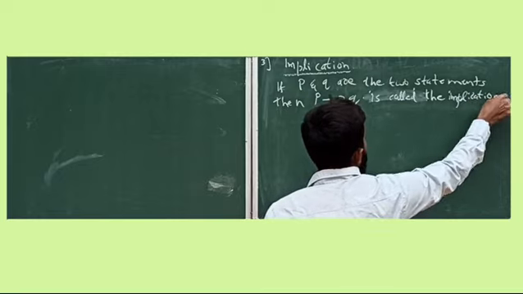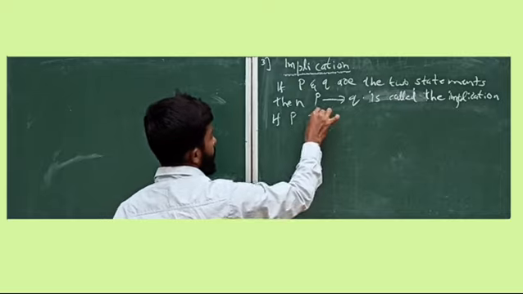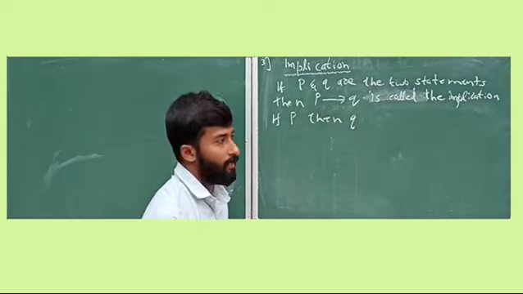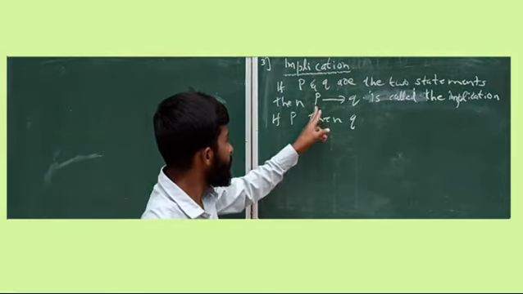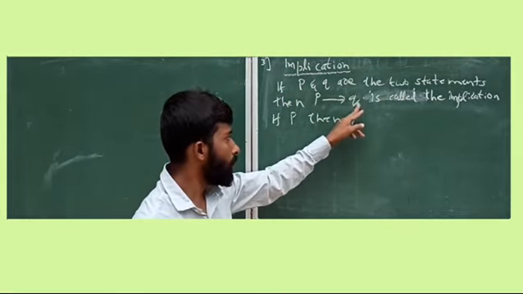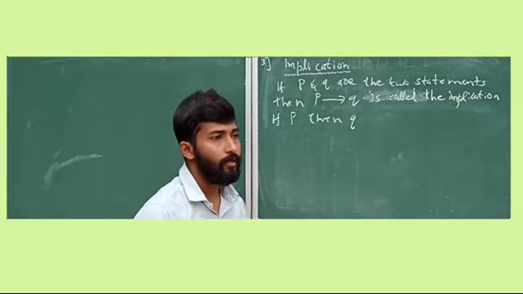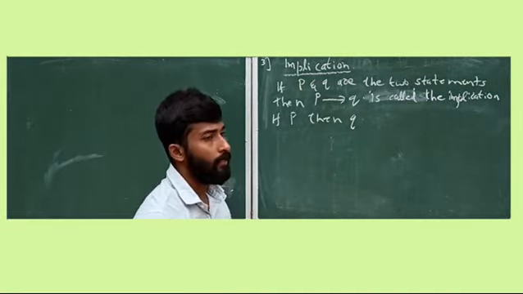And we read it as if P then Q. This is the symbol for implication. P and Q are any two statements, denoted by P, this arrow mark, Q, and we call it P implies Q. That means we read it as if P then Q.